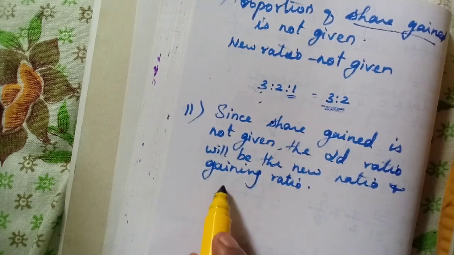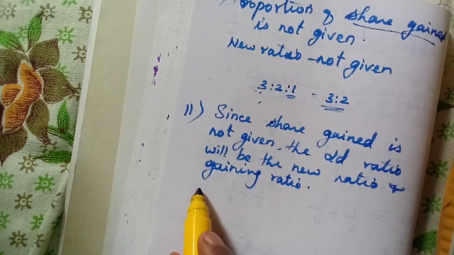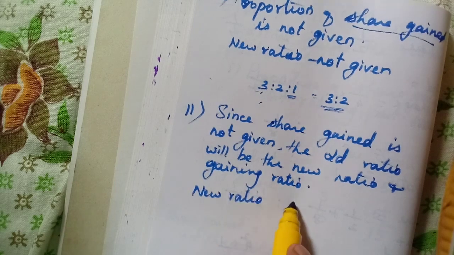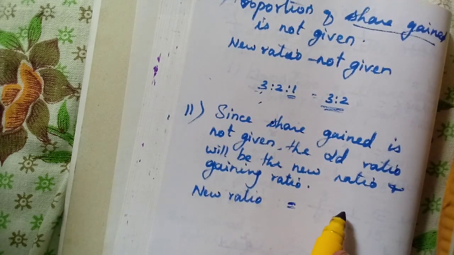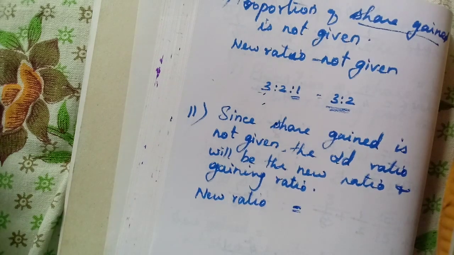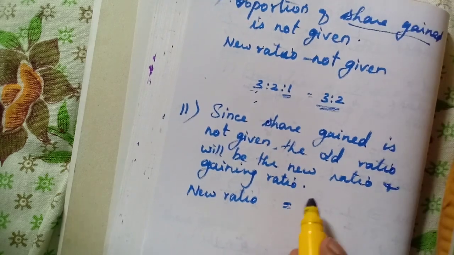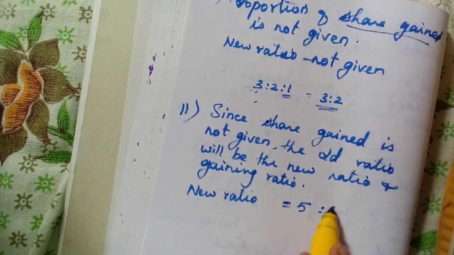Now we can write, new ratio is equal to, what is their old share? 4 is to 5 is to 6, isn't it? Mani is retired, so 5 is to 6. New ratio is 5 is to 6.